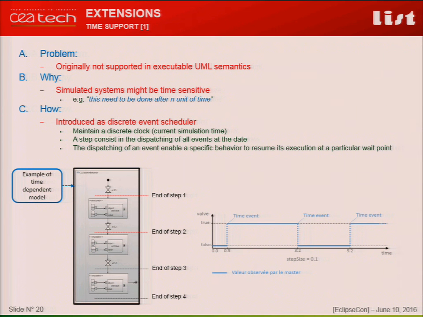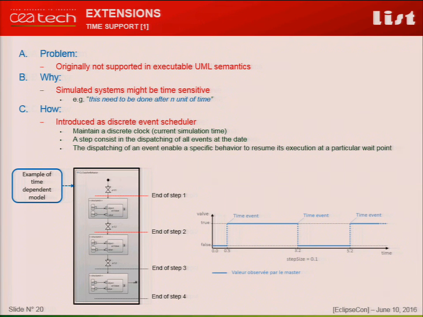And well, we have a very simple example here. Again, it's not readable, but basically what is specified here is that we have an accept event action, and this needs to be triggered at a specific time, which is the time that is specified here. So basically, you have a first step. The model execution is suspended here, and the time is elapsing.